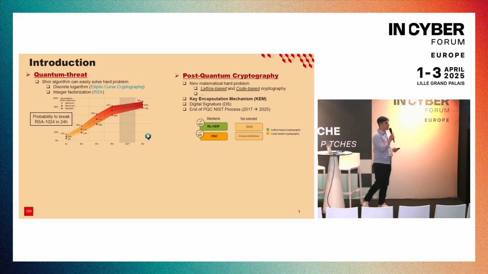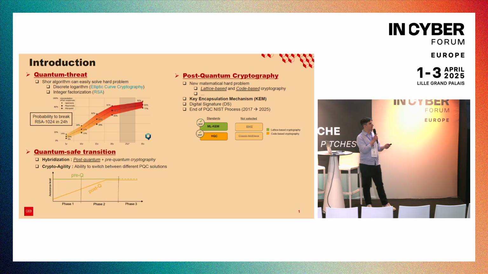In the context of post-quantum cryptography, NIST recently selected and will standardize the future key encapsulation mechanism algorithms, namely ML-KEM and HQC. Now the question is how to do what is called the quantum state transition, meaning that we have to pass from using pre-quantum algorithms toward a use case where we will use just post-quantum solutions.